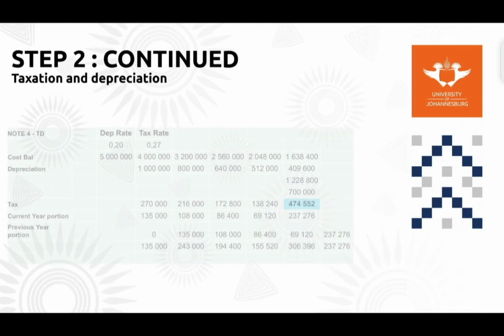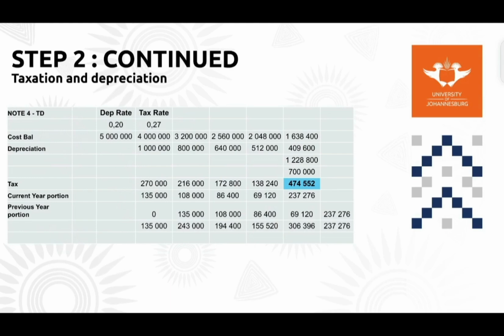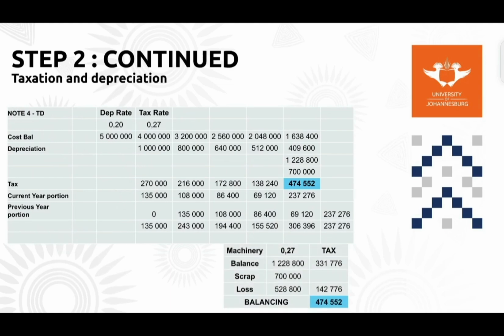Now we're going to get into depreciation. Okay, how do you calculate it? We were told it was the diminishing balance. So therefore, we're going to take our 5 and multiply it by our 20% here that they gave us in order for us to get this 1 million.